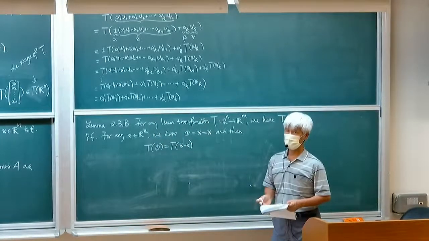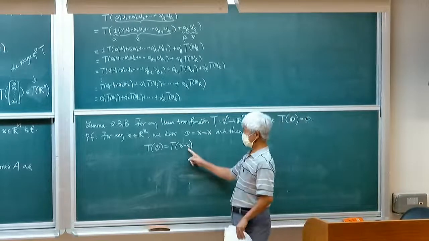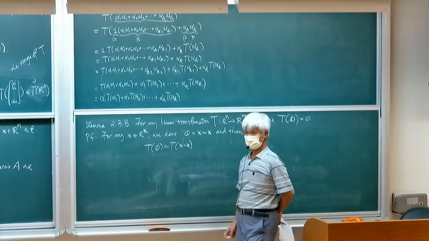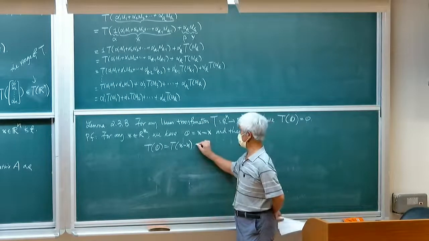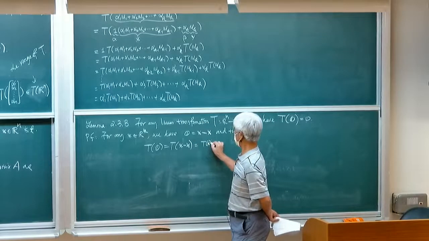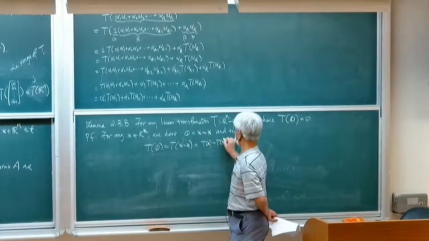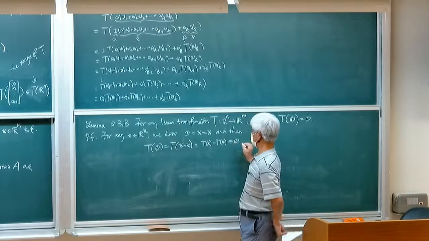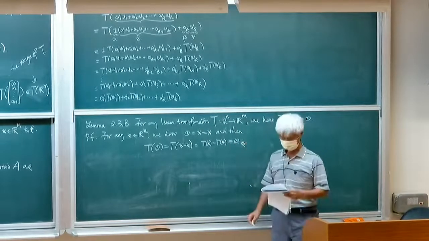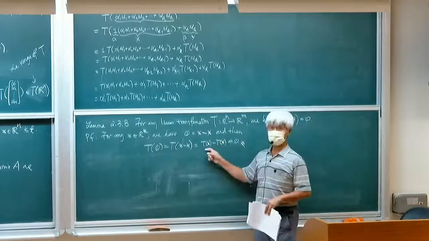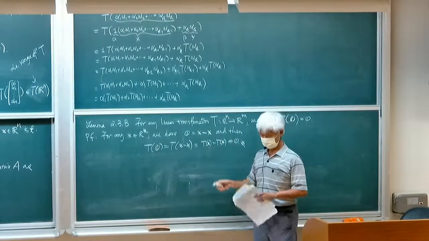Okay. So x minus x is a special type of linear combination. So this is equal to Tx minus Tx. And of course, this is 0. Okay. So this is the linearity of the linear transformation, right?